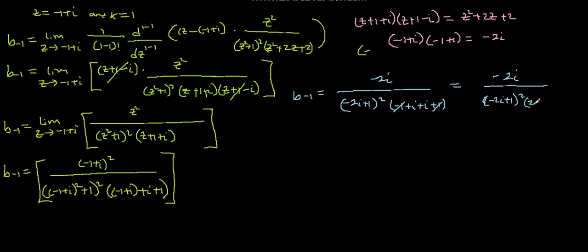Cancel this, you have 2i remaining here. So b minus 1 will be equal to minus 2i divided by 2i into 1 minus 2i.